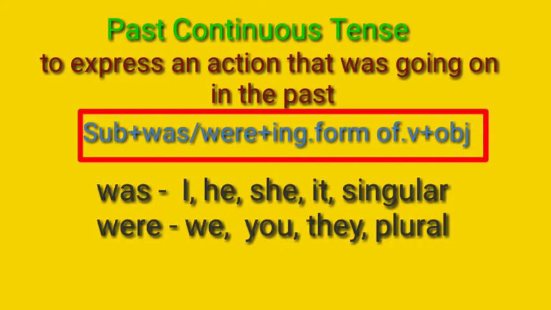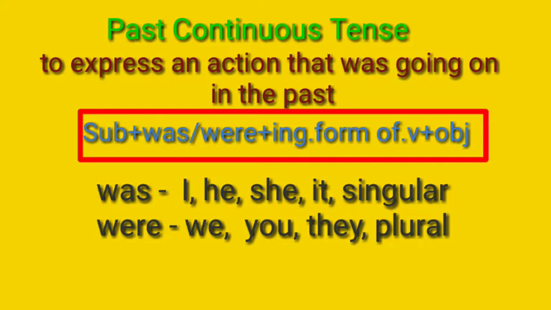And were we use with we, you, they and plural nouns. Okay. Plural means more than one. Singular means only one.